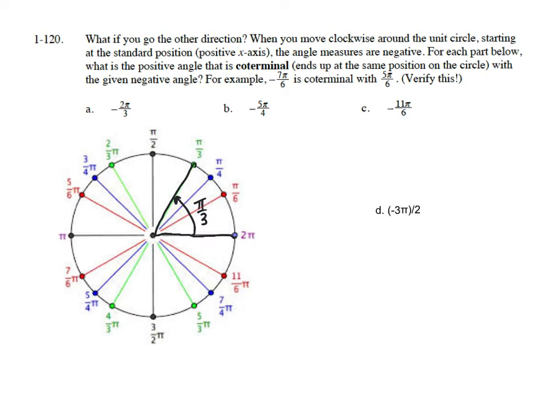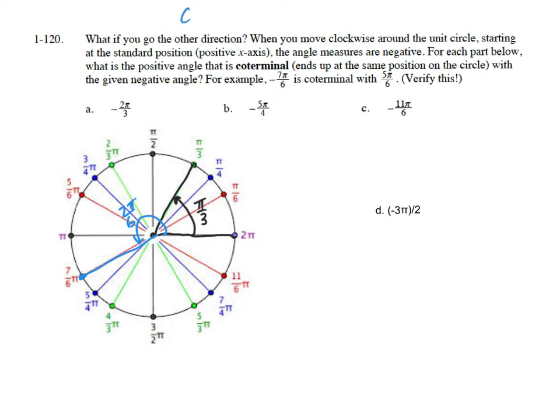If I go to 7 pi over 6, this angle that I just drew is a positive 7 pi over 6, because in both instances we were going in a positive direction, which happens to be the counterclockwise motion.